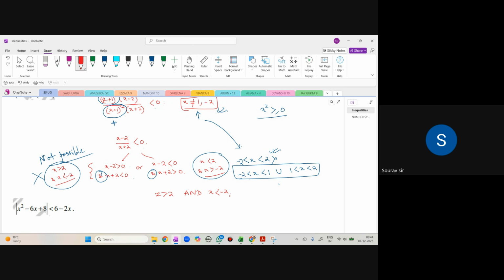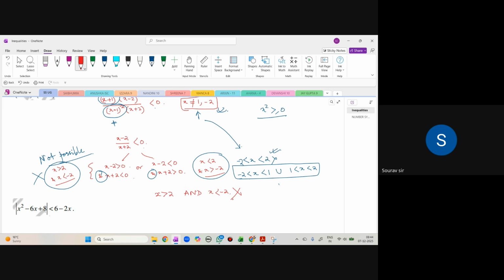Give me a value of x which follows both the conditions. One value, any value. Can you think of any value of x which follows this? No, sir. Then that's what I said, it's not possible.